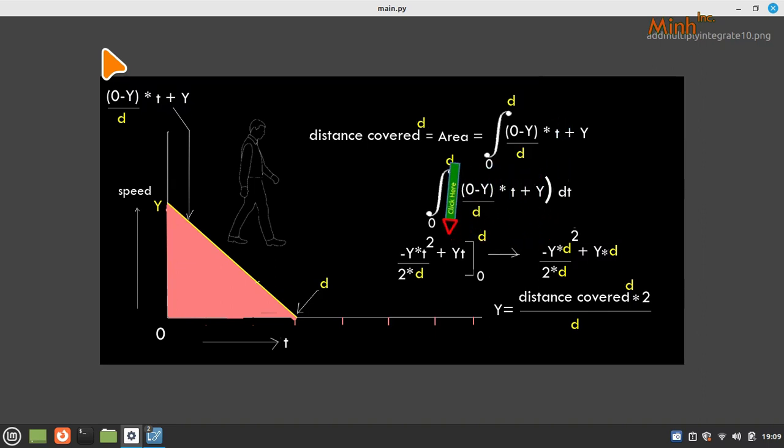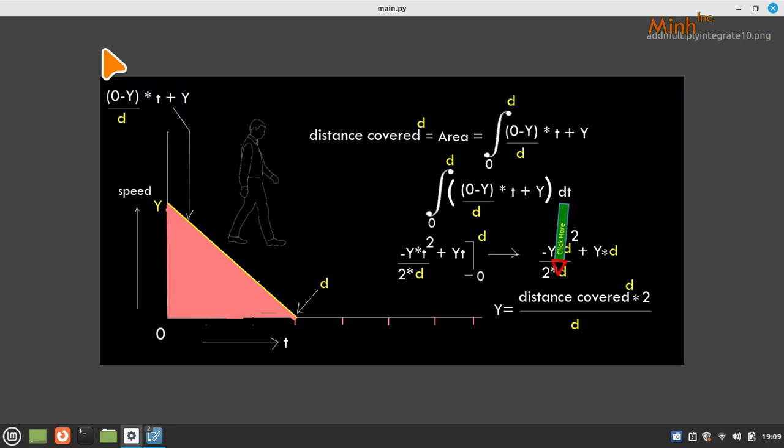Now, if I see the integration, then integration of t is t square by 2. So this becomes like this, and yt, d to 0. So this will become minus d square by and this much. Now if I take out y and do some shuffling, then the initial speed would be distance covered into 2 by d.